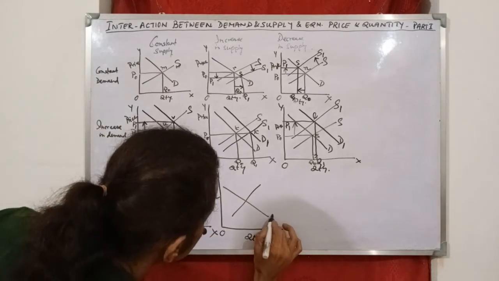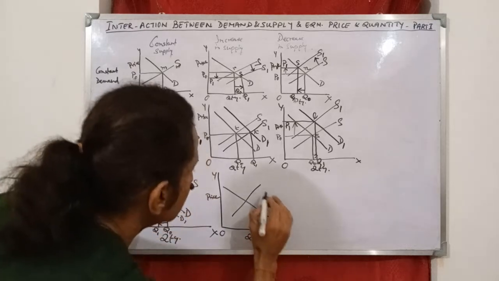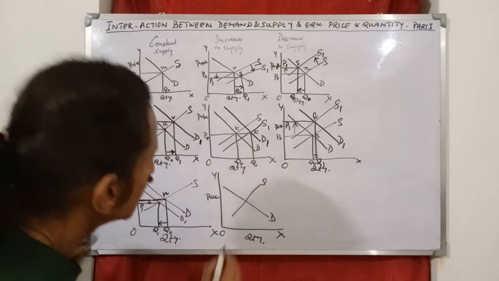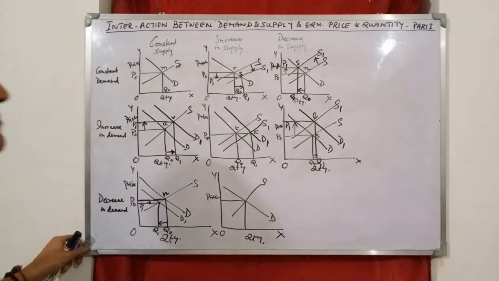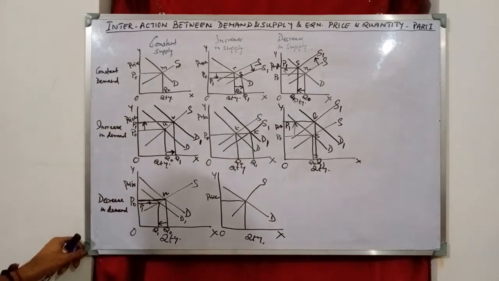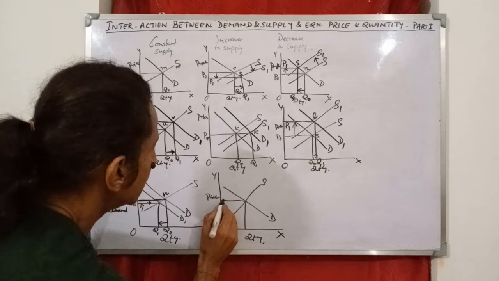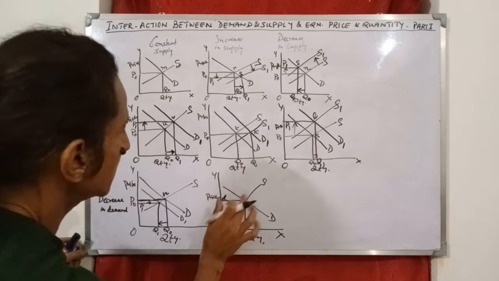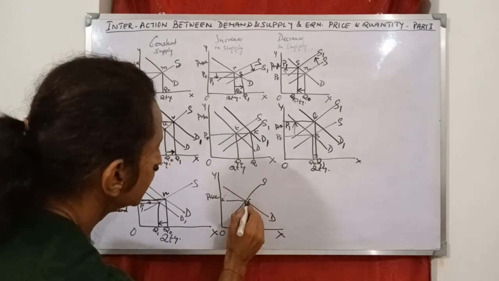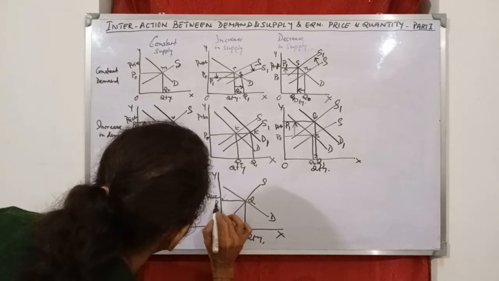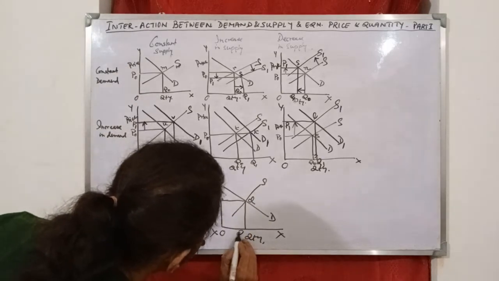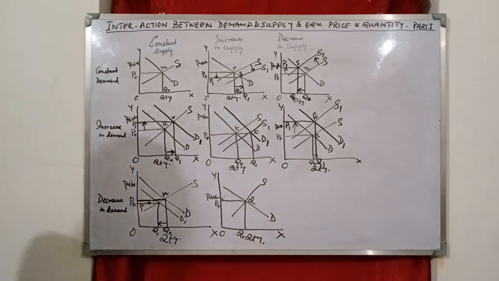Say D is the demand curve and S is the supply curve and both intersect at this point. Say this is point D, that is the point of intersection. So equilibrium price is P sub O and equilibrium quantity is Q sub O. Right?